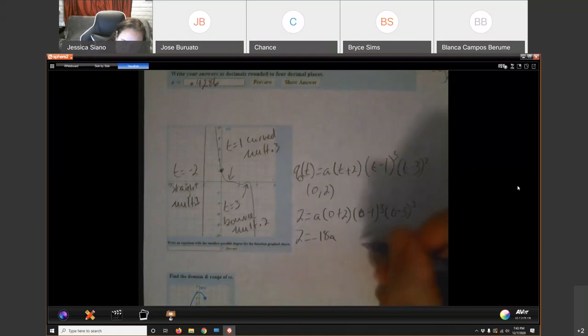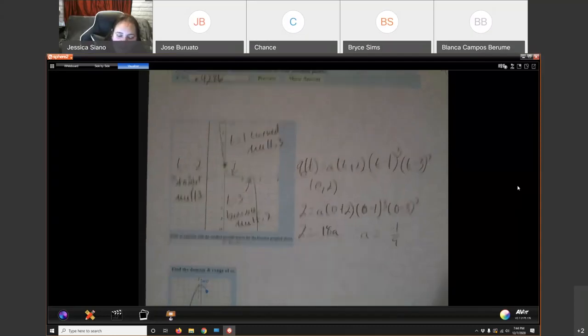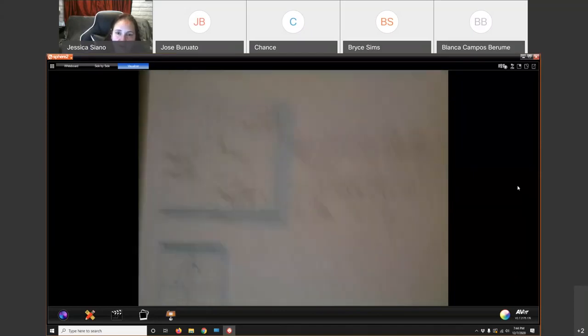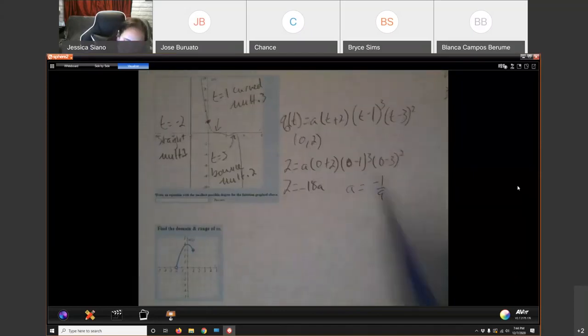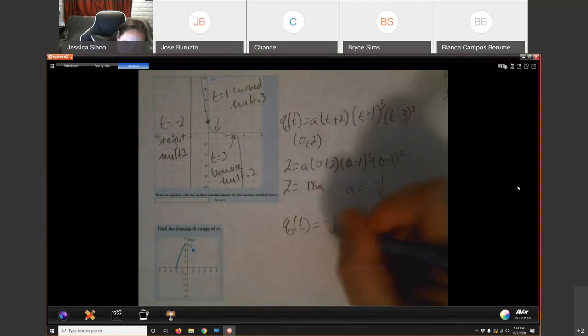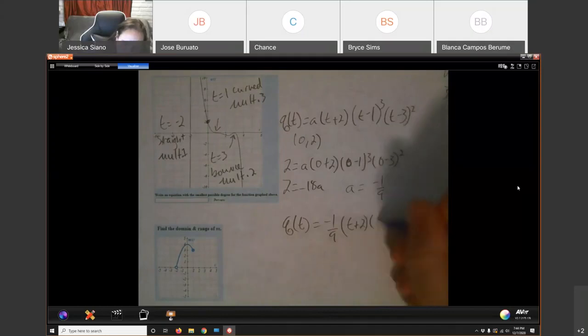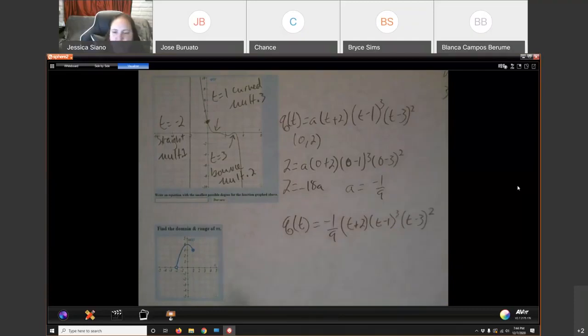Divide both sides by -18, and I'm going to get a is -1/9. Right, 2 over 18 will reduce to 1/9. And so then my final equation with my correct leading coefficient will be q of t equals -1/9 times T plus 2, t minus 1 cubed, t minus 3 squared.